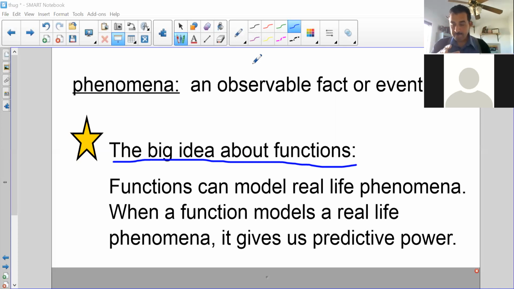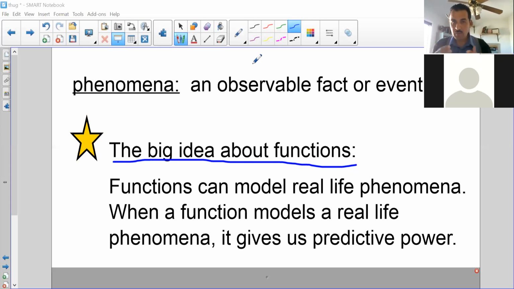Same thing here. You need to know that, hey, you know what? There's these things called functions in math, and they describe real life phenomena. Okay, just knowing that is important for mathematics. Some of you are going to pursue mathematics and sciences. I don't know. Maybe you will. But you need to know that, hey, you know what? In the real world, all of our technology, there's functions behind all of that.